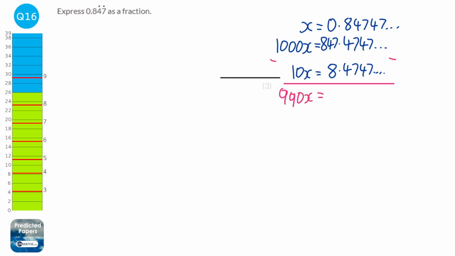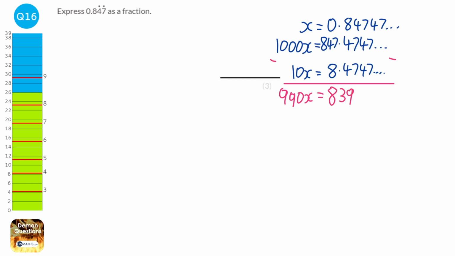And then 847.4747, etc. Take away 8.4747, etc. It's just going to be the same as 847 take away 8, because the recurring stuff will just cancel each other out. So 847 take away 8 is 839.